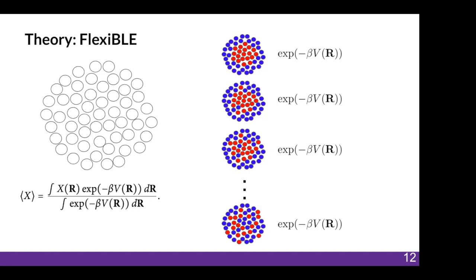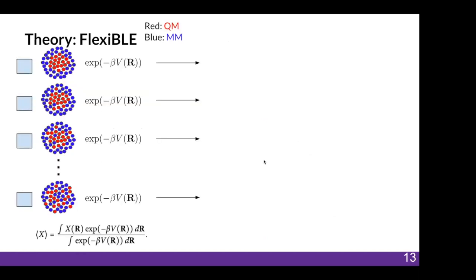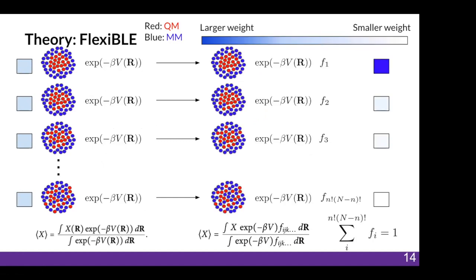This exponential negative beta times the value of the potential at a particular point of configuration space. So what's interesting about that is, of course, knowing that the Boltzmann factor is going to be invariant to exchanges, I can actually introduce a reweighting in anticipation of the fact that I know that allowing QM and MM mixing, because they do not contribute the same potential, will introduce artifacts in the dynamics.